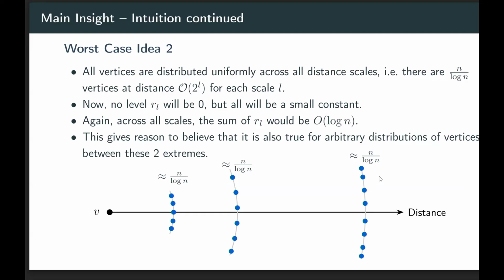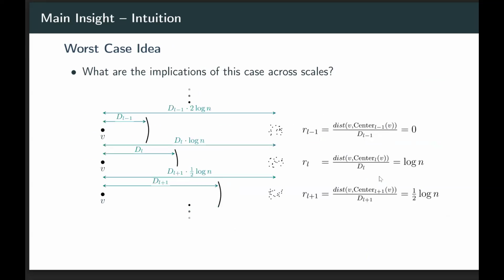So we have either a very small constant for every level, where we distribute them equally, or if we distribute them all at exactly one place, then we have one level that's really bad, but the rest becomes a geometric tail, and the ones above become 0. And now our assumption is, if you distribute something between the extremes, all at one place or all equally distributed, it still admits the same behavior.